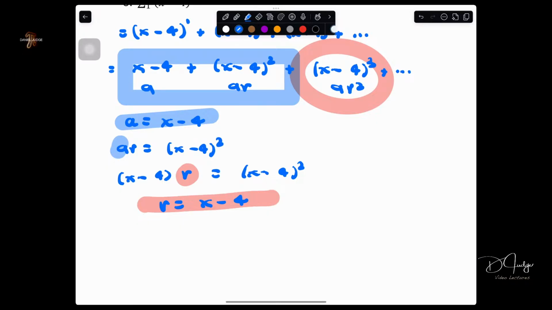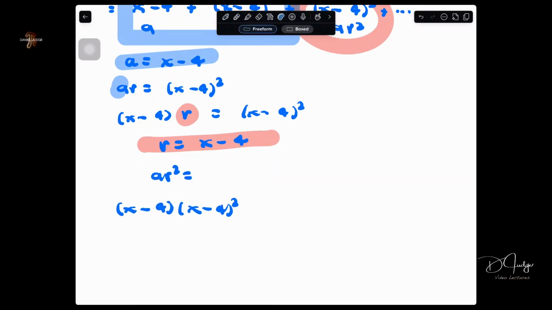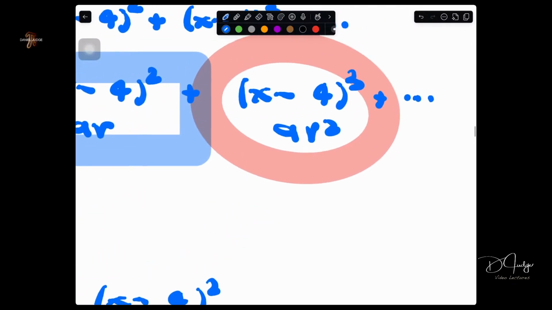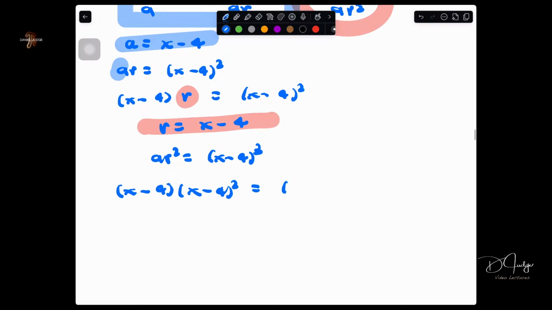This is in fact geometric. How do we know? Because AR squared will be x minus 4 times x minus 4 to the second power, which is x minus 4 to the third power. So it does check out.